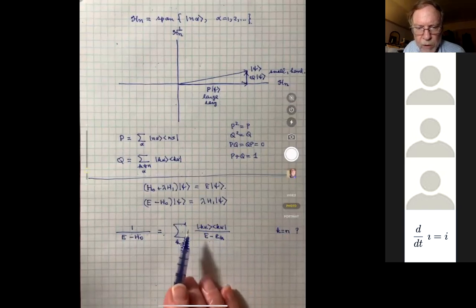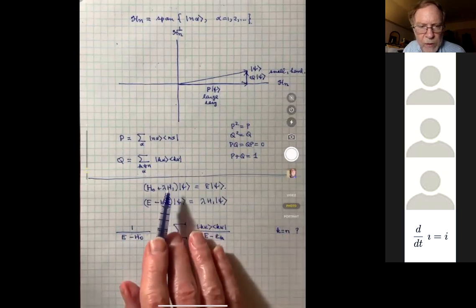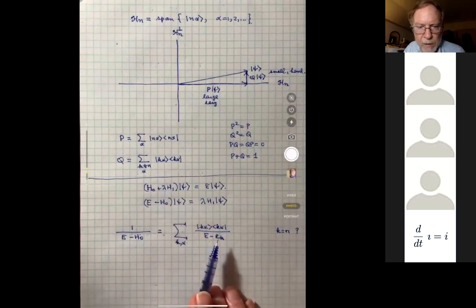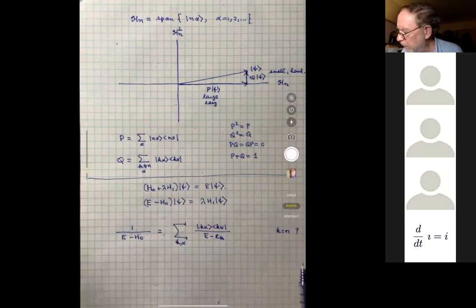It's small for the terms here, which are connected with the unperturbed eigenspace. Moreover, if we let lambda go to 0, then we just saw that the exact energy E approaches epsilon sub n. And so for those terms, that denominator goes to 0, and then the thing isn't even defined. So we've got some troubles with the k equals n terms. They have small, vanishing denominators.